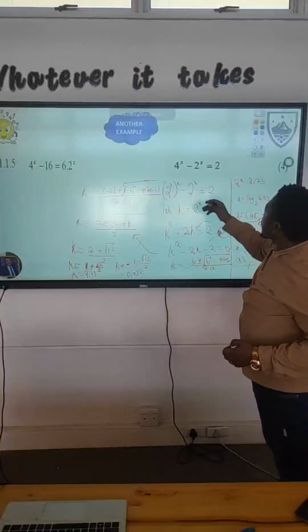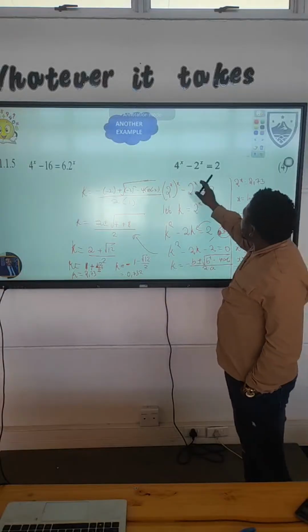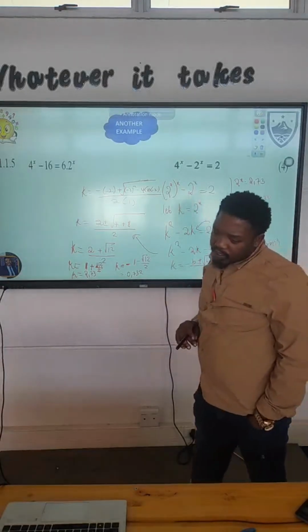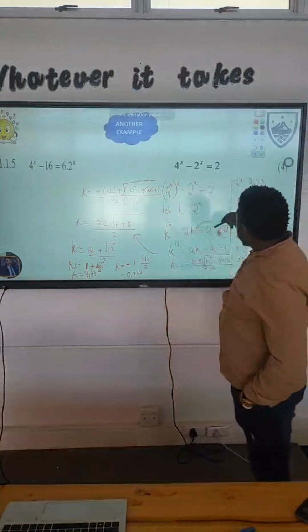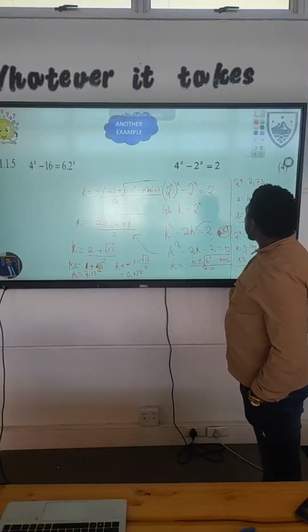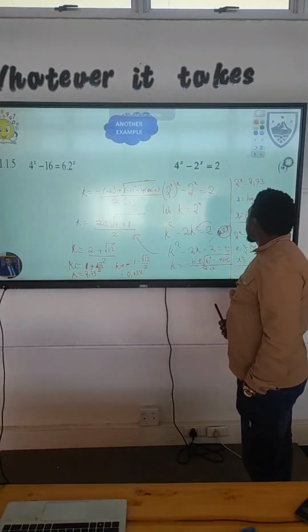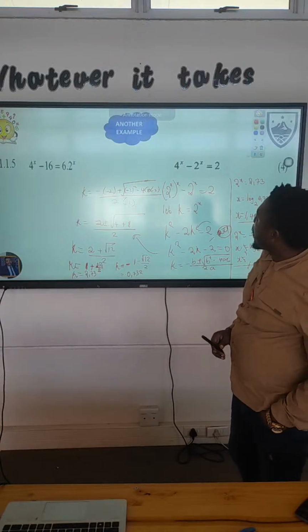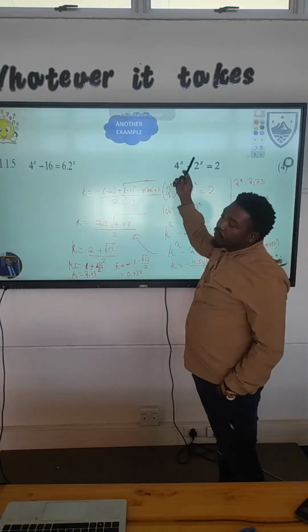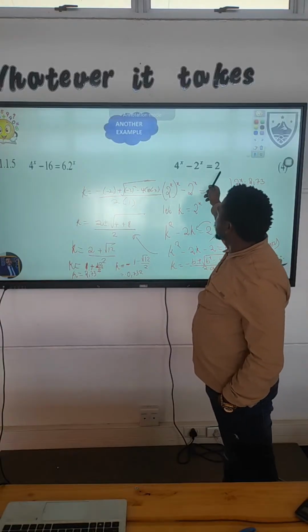I will also come back to this problem and verify if maybe the question was written correctly. But if the problem was correctly written, then we're going to have to come up with other ways to solve it, which means we're going to be introducing our log. So we have 4 to the power of x, which is the same as 2 to the power of 2x, minus 2x equals 2.